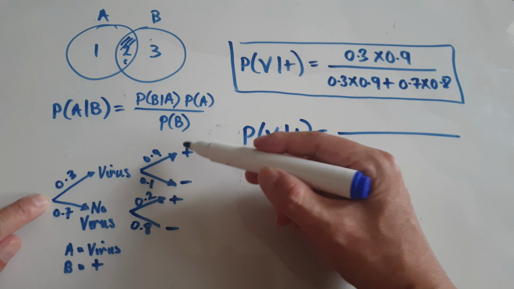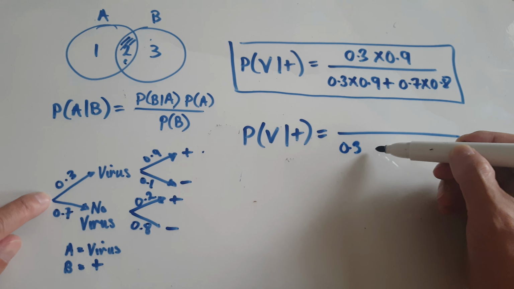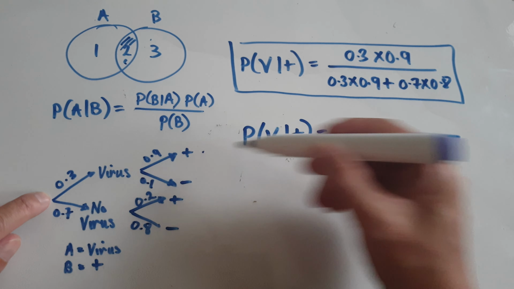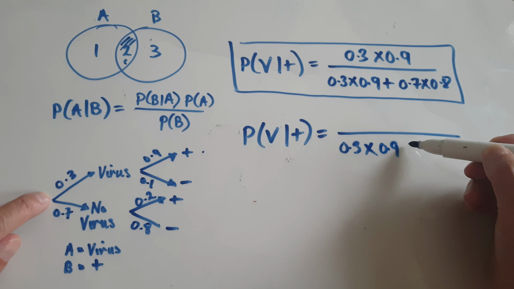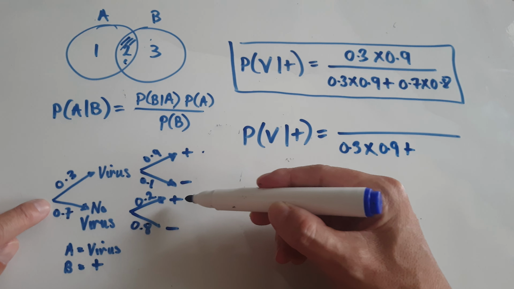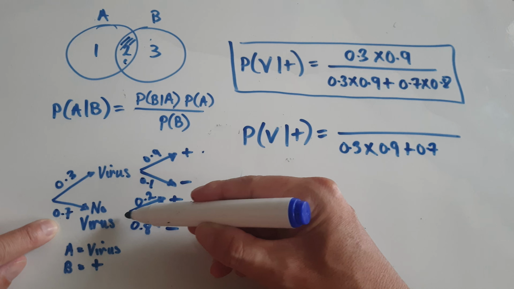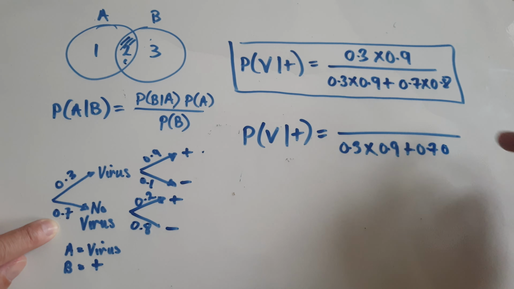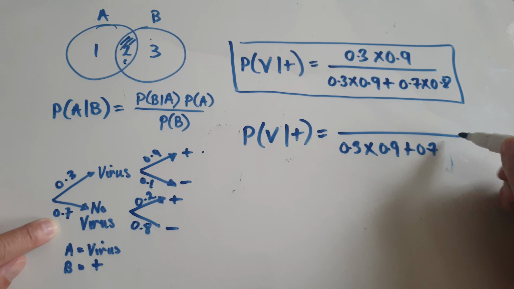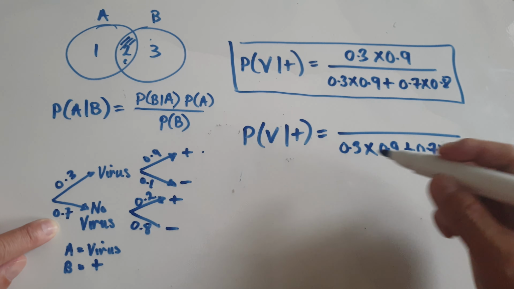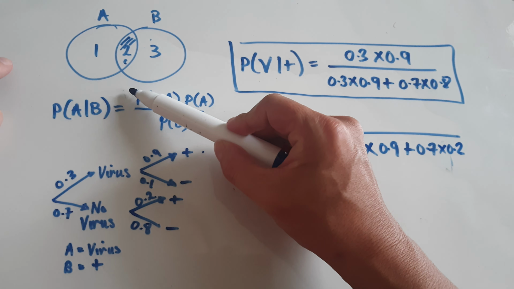So let's look at this one here. 0.3 times 0.9, and then it could be this branch here. So that would be 0.7 times 0.2.